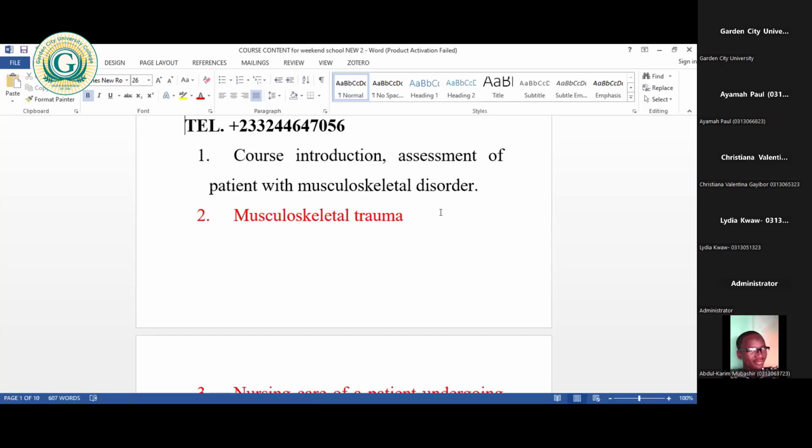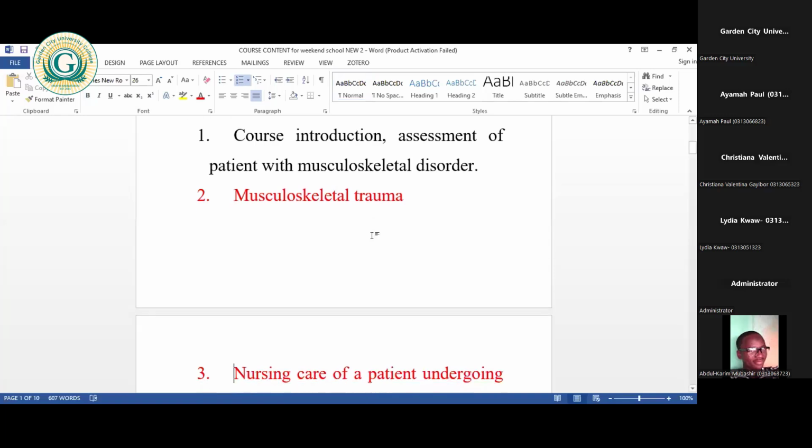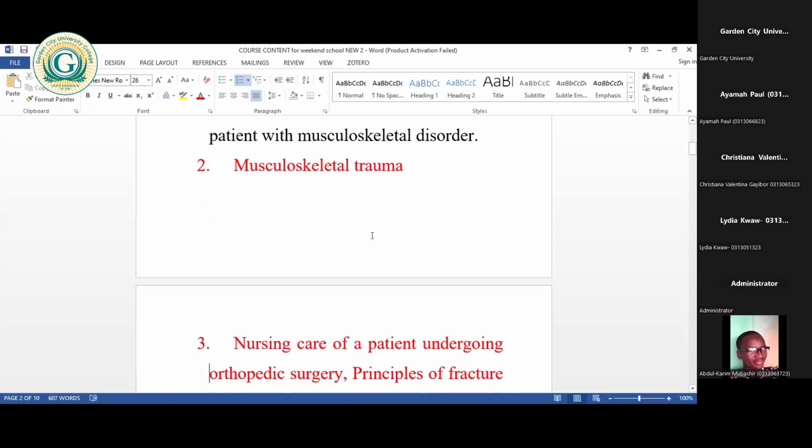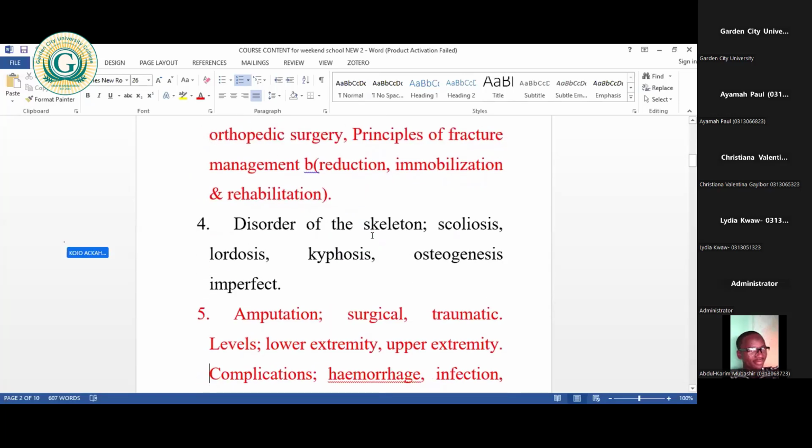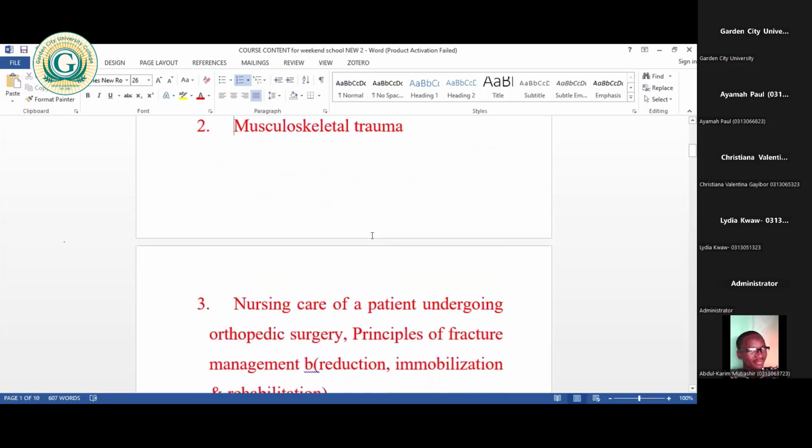So here, our first introduction is going to be on musculoskeletal system. And that is what we're going to do for the first 2-3 weeks, centered or based on musculoskeletal disorder. If you see the red ink, initially, when we started the CODel program, I was doing both medical and surgical.